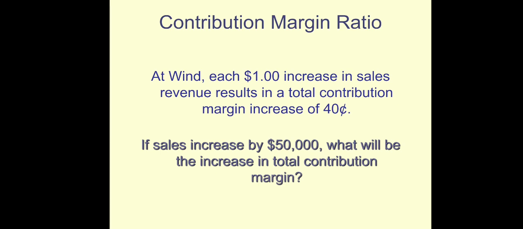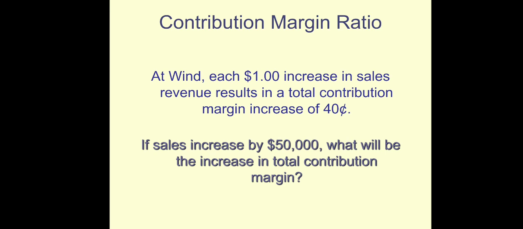Okay, see here, this is a sample question on how to use the contribution margin ratio to understand something about the business. For the Win bicycle company, the contribution margin ratio is 40%. So it shows that each $1 increase in sales revenue results in a total contribution margin increase of 40 cents.